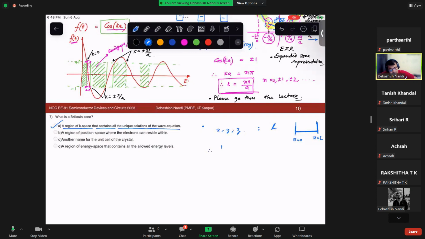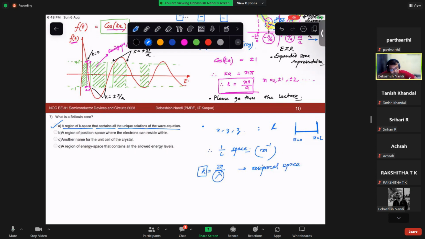That is nothing but 1 by L space. Okay. So or meter inverse space. Can you tell me any of such kind what you have encountered? Obviously you can answer because K is your 2 pi by lambda. Okay. Lambda has a unit of meter and 2 pi has a unit of radian or unitless. So K space we called as a reciprocal space.